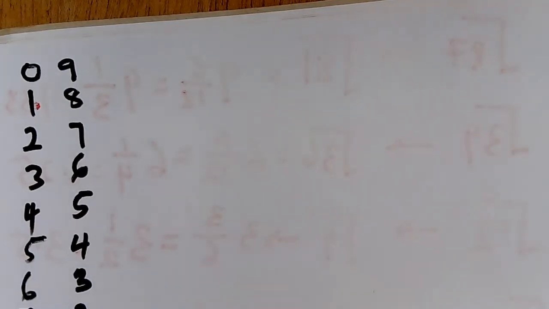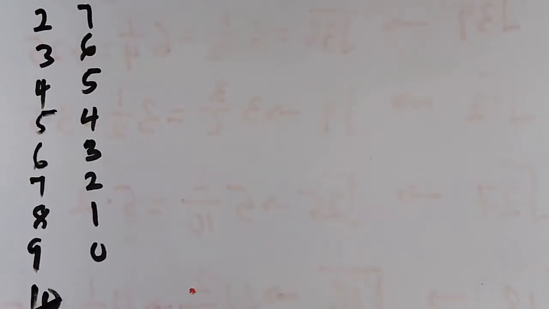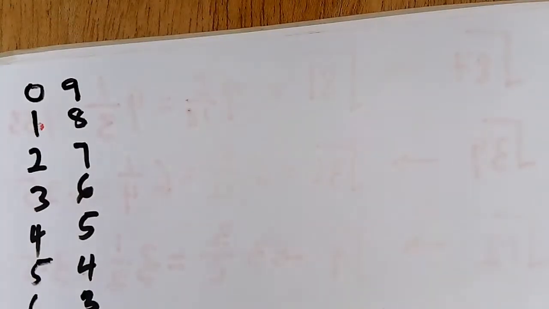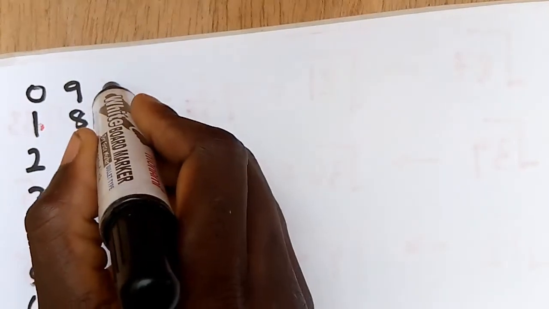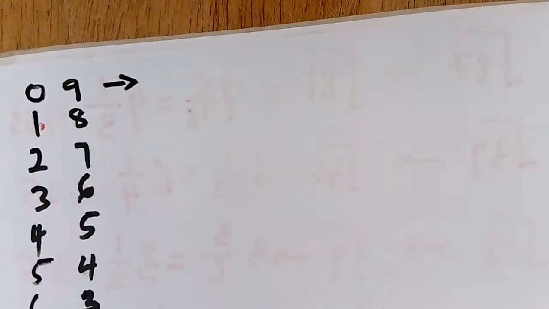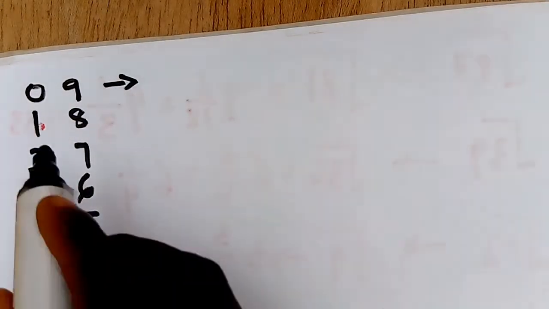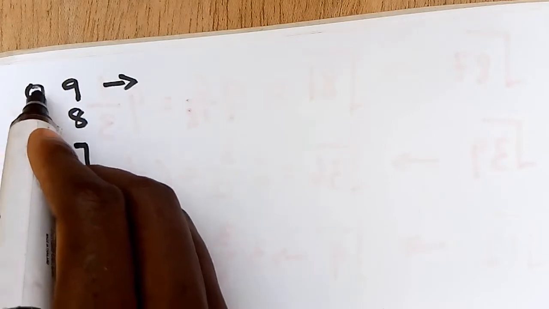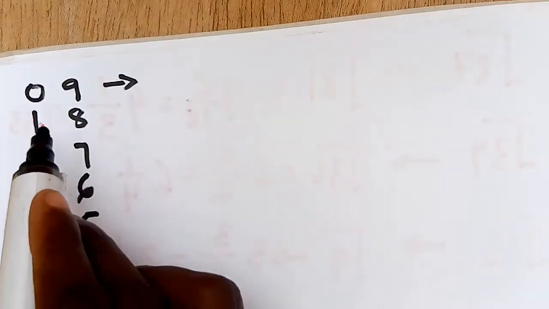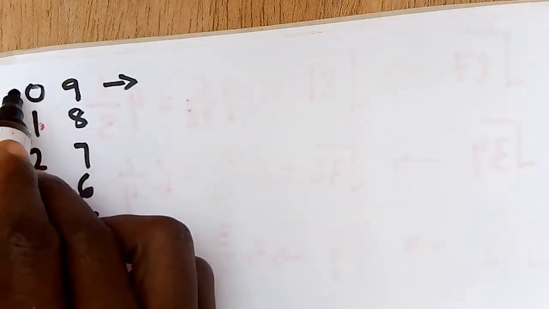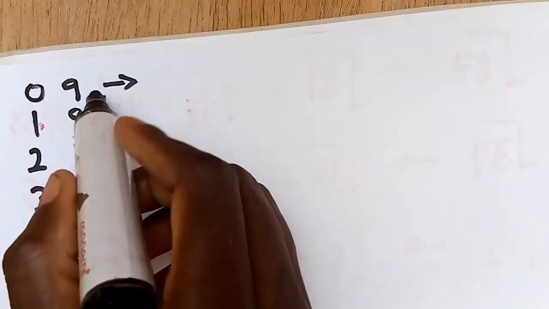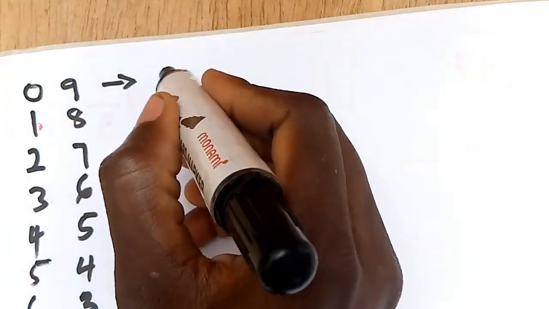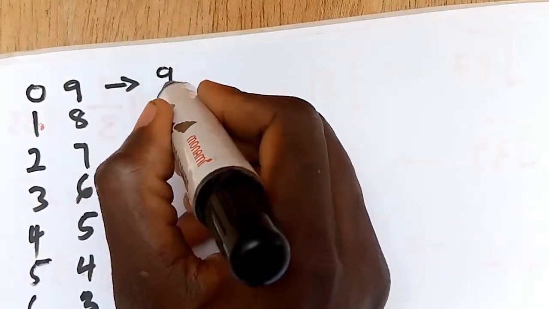Now, to get your multiplication table for 9, write the numbers in order from left to right. So 0 and 9, you can write 09, or just 9. So 9 times 1 gives us 9.